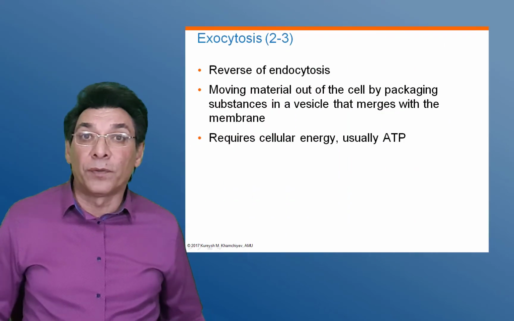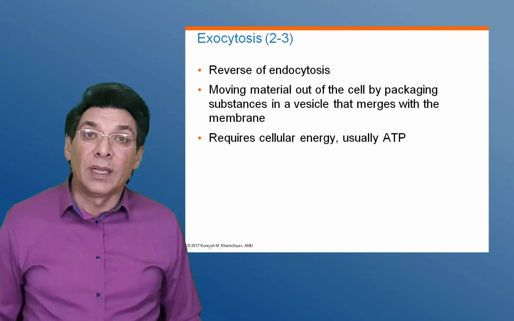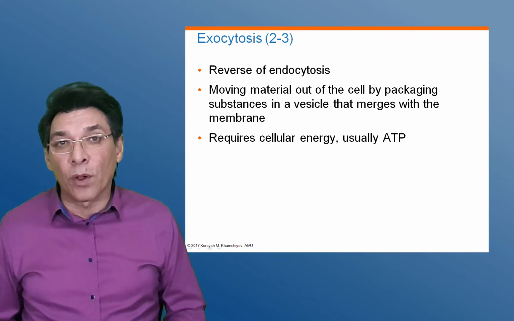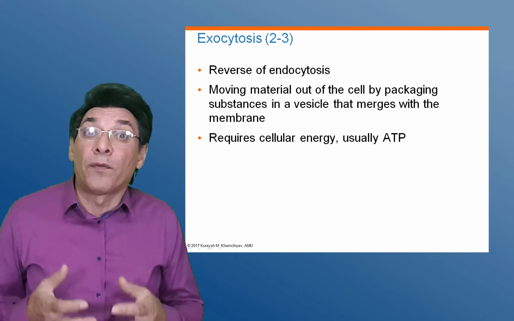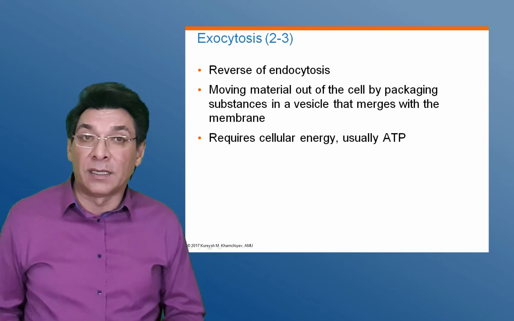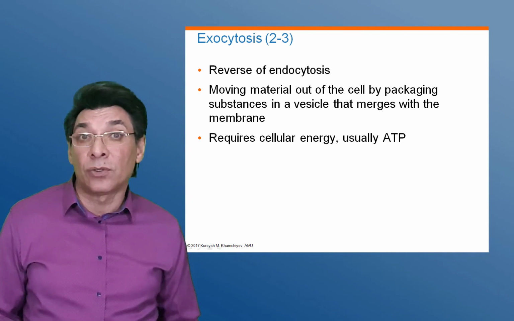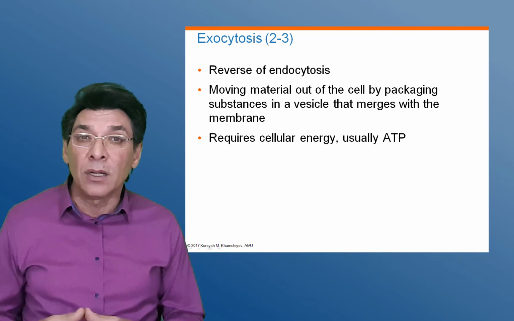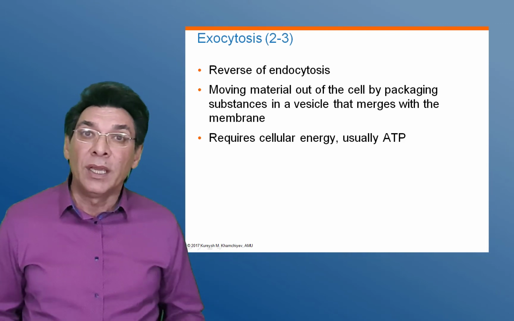Next type of vesicular transport, exocytosis, releasing material from the cell. This is the outward transport of contents via vesicles. This type of transport is used by many cells to secrete or release large molecules or a large amount of a molecule.